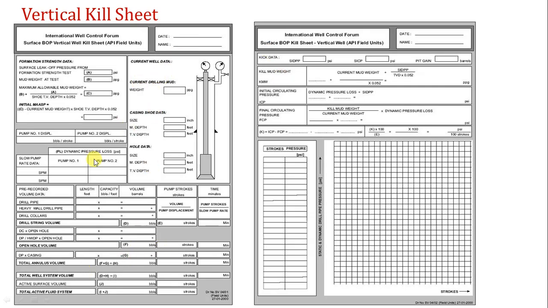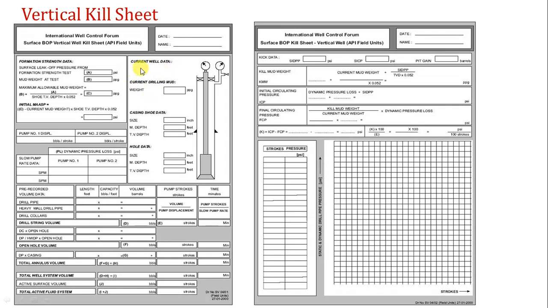All this data will be given to you, and you have to answer the kill sheet to get the requirements asked from you and put them in the answer. By the way, plus or minus nine requirements are required from you, with 3 marks for each one, so it is 27 marks if you solve the kill sheet correctly. So you have to pay attention to every word I will say today.